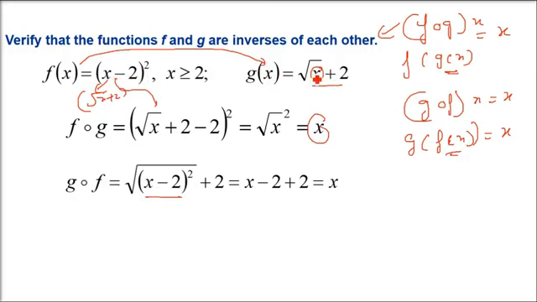The root and square cancel. (x minus 2) plus 2 gets cancelled, you get x. So g of f(x) and f of g(x) both you are getting as x, and this is the test for being inverse.